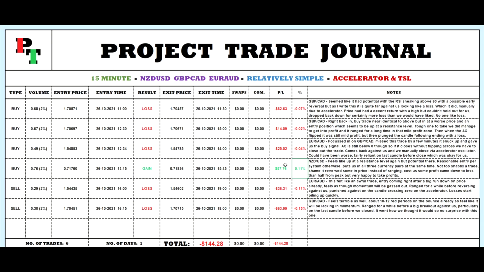Then a small loss and a decent win on the New Zealand dollar, US dollar to get us back into the mix. If these last 2 trades had been good, then we might have been able to scramble ourselves back into profit, but unfortunately they were both losses. We did expect it. As soon as we saw the entries, the momentum looked so strong already, and it is rare for momentum to just carry on indefinitely. So no shock at all, those ones turned out to be pretty big losses.